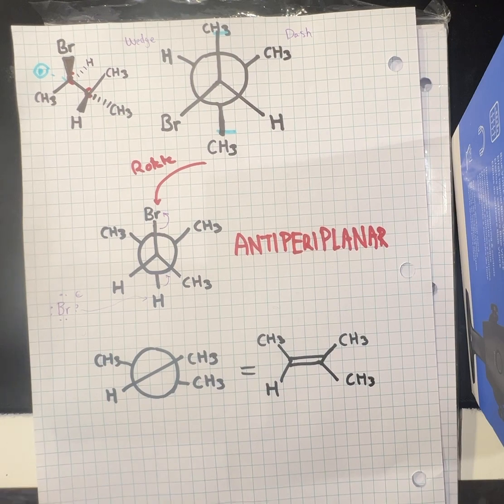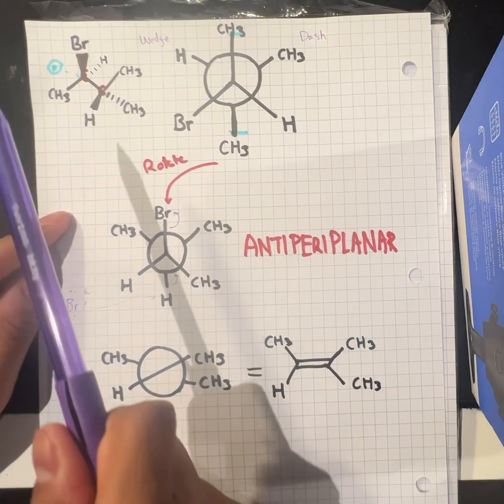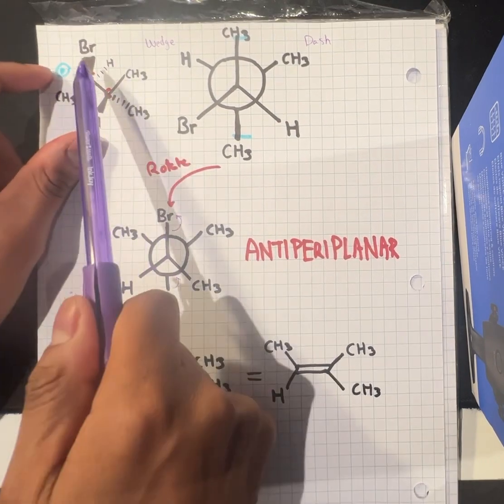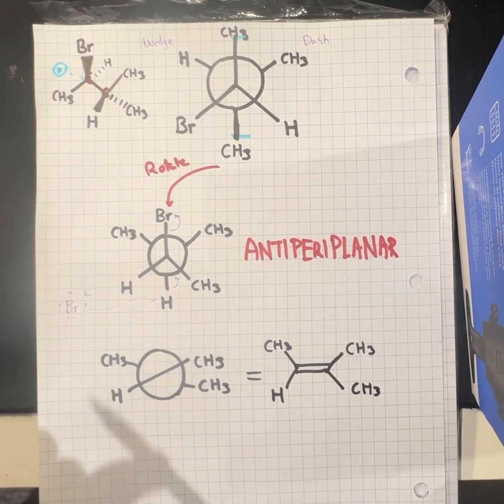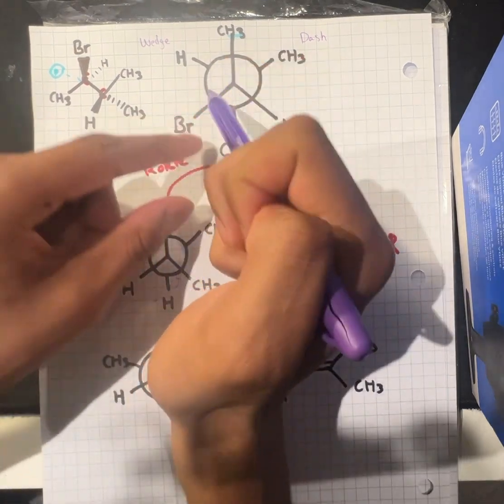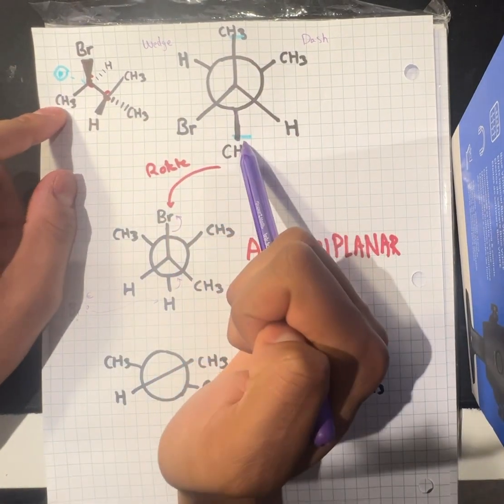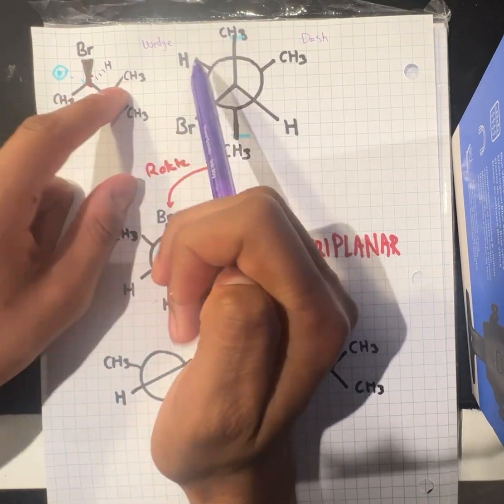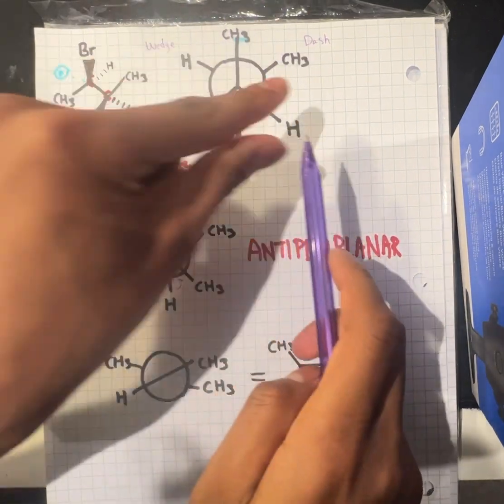So again, we look down this bond, the CC bond. We choose the plane. Methyl's in this plane, and methyl's in that plane. Wedges go on this side, dashes go on this side.